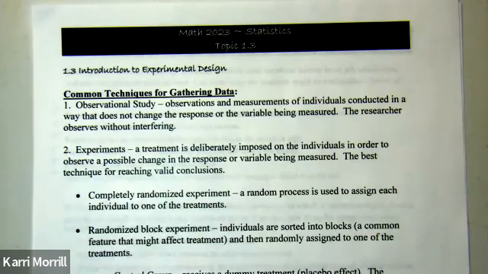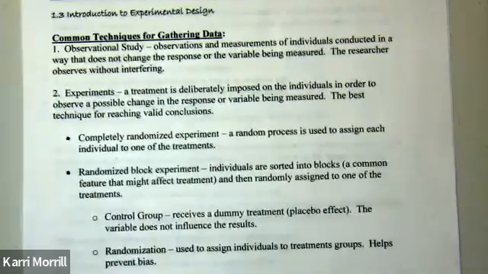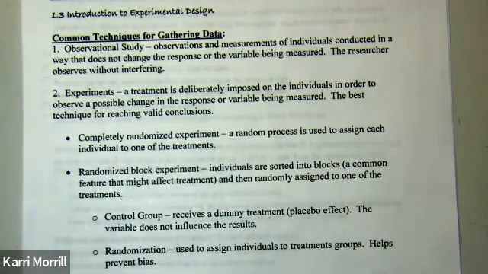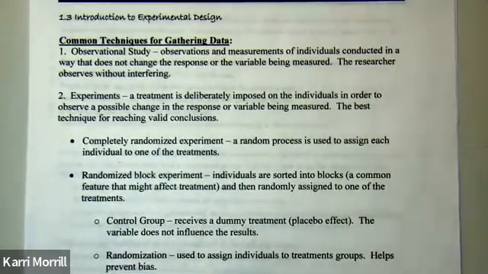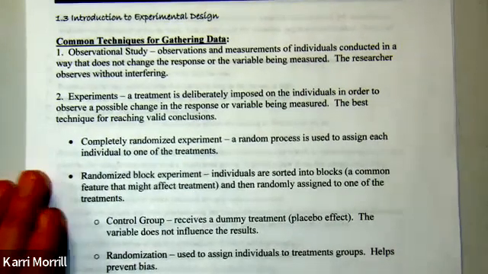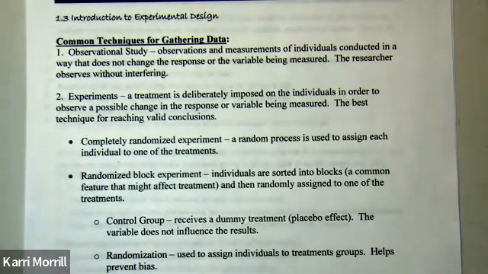So a couple things to know about experiments. Completely randomized experiments would be those where the process assigns each individual to one of the treatments. So it's a random process, kind of like the random number table you just learned about in your 1.2 discussions. It's just randomly picked. No way to control who's being picked. There also is something called a randomized block experiment.